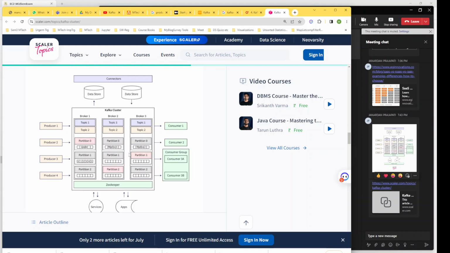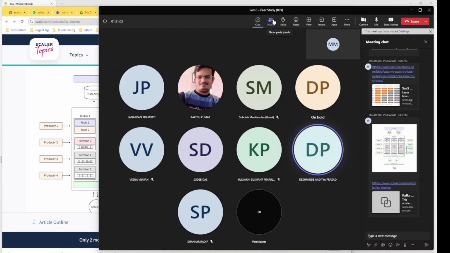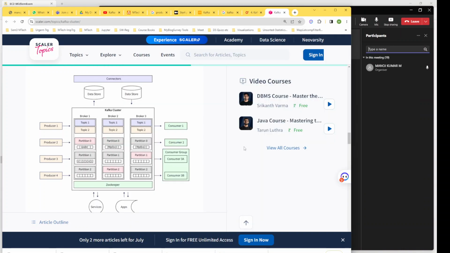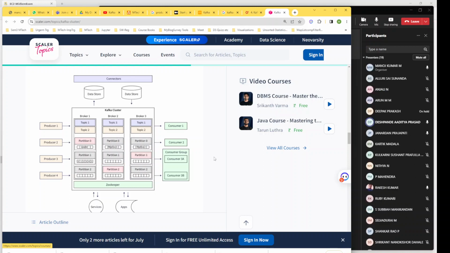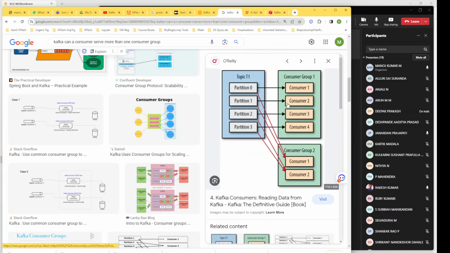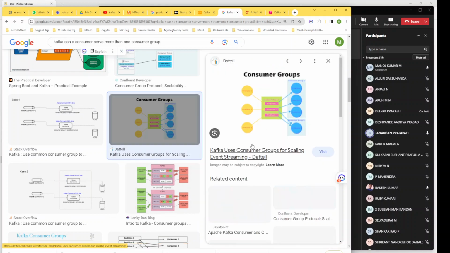Also, one more observation, Manoj: if you see, the arrows pointing to the consumer are coming out of the cluster, not directly from any node. Yeah, exactly, that's what I was thinking. But if you check on the internet, you can find many diagrams where the arrows come straight from the partitions, so the consumer is linked directly to the partition.